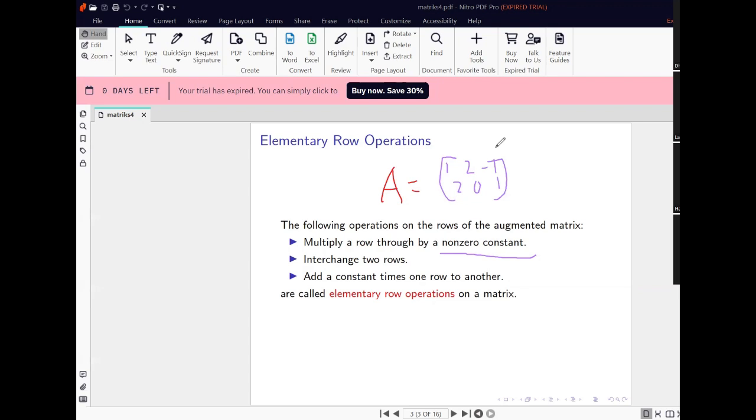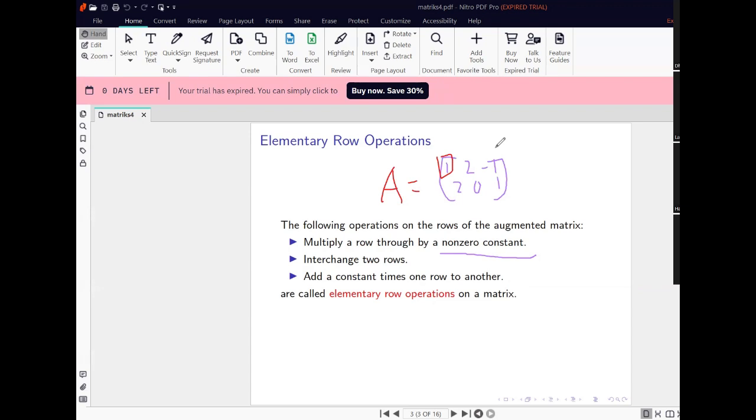In the first row, the first non-zero number is 1, so we can skip row number 1 because it's already 1. This is called the leading one. For the second row, the first non-zero number is 2, so we have to make it 1 or 0.